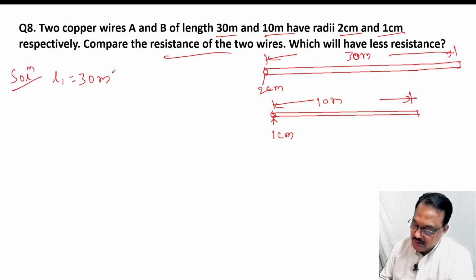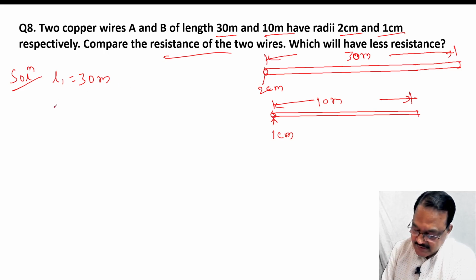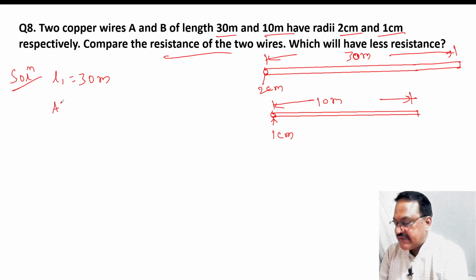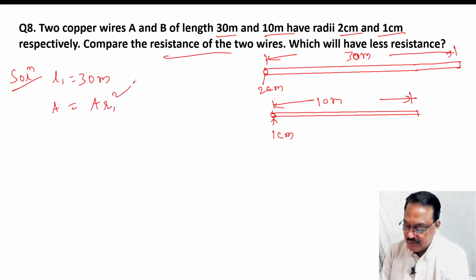How to write the cross sectional area of the first wire? We can write A is equal to pi r1 square, its radius being r1.